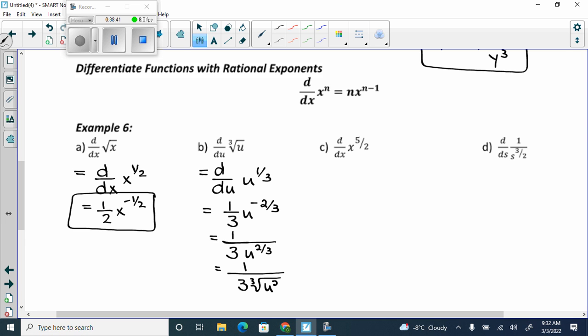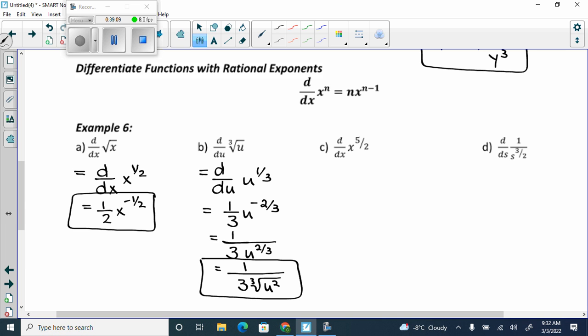They can write it like that. Remember the 3 comes in front as the index? Taught that in grade 10. Plus we've done it a whole bunch in grade 12. So the 3 comes in front as the index on the root symbol, and then the number on top stays underneath. So the 3 just drops in front.